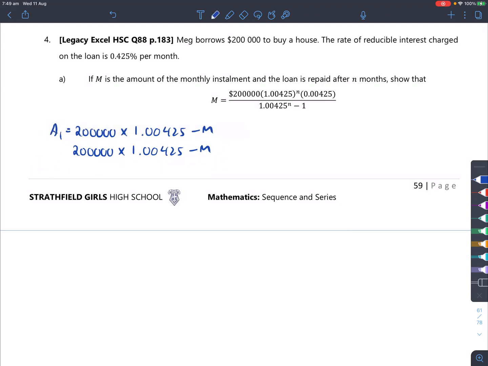Then A2 would equal this amount, but we're going to multiply this by 1.00425 minus M. So that expands to give you 200,000 times 1.00425 squared minus 1.00425 M minus M.